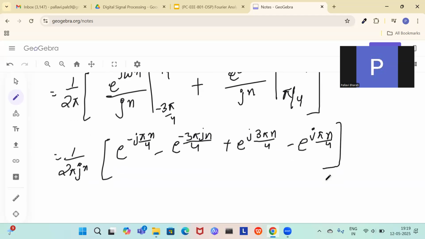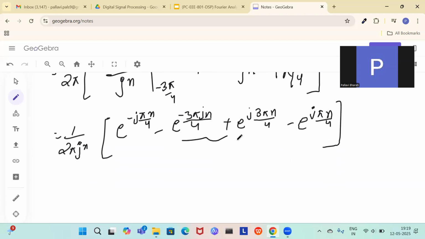Now see over here, these two are the same thing. They can be written as sine 3 pi n by 4. But for that, you will have to divide the full thing by 2j. Everyone wants 2j, so divide them with 2j.